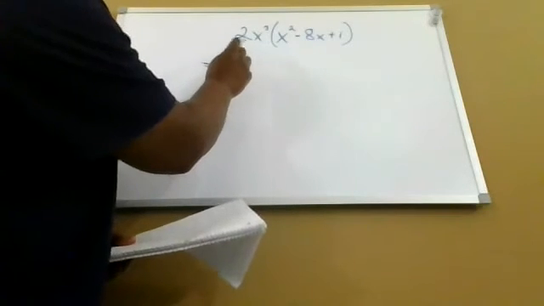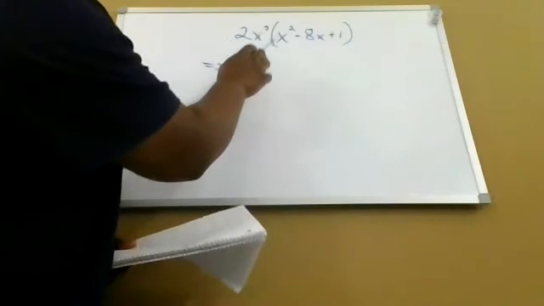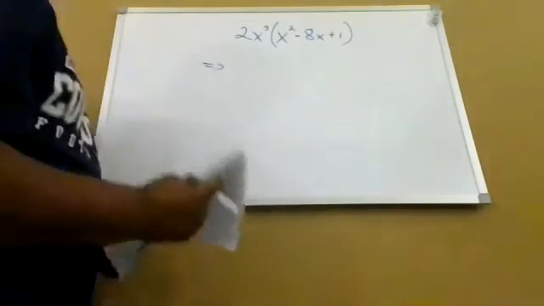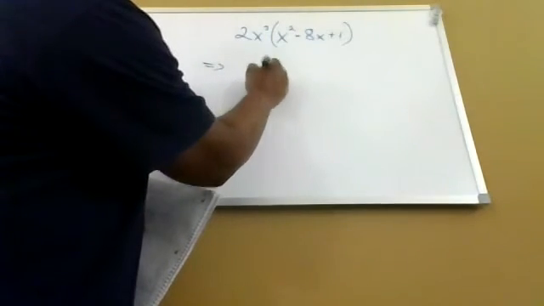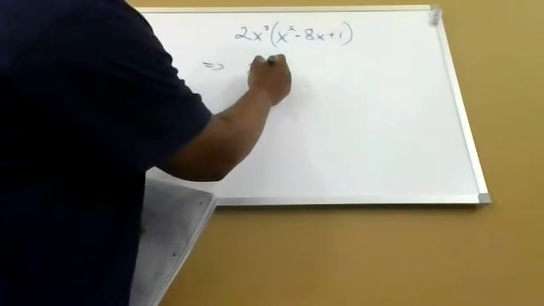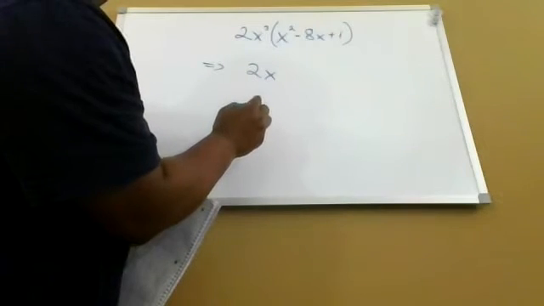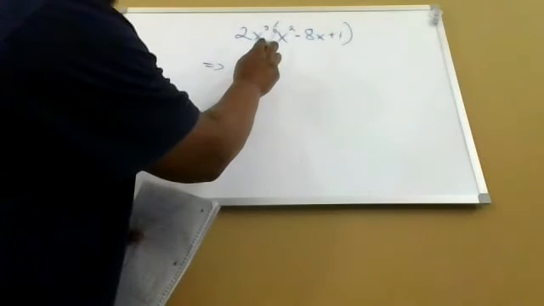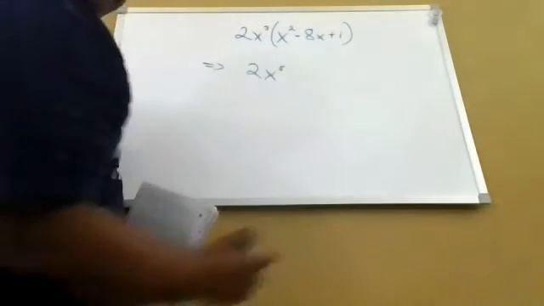So we start off first with 2x to the third times x squared. Well, it's going to be 2 times x, and when I add my exponents, the 3 plus the 2, it gives me x to the fifth.